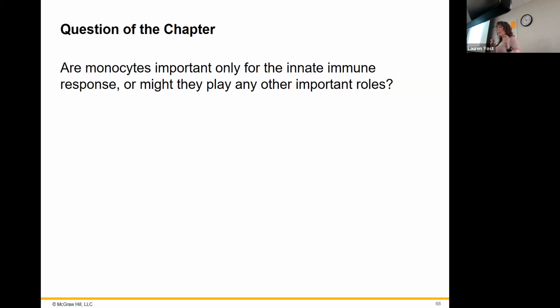They take the molecules of bad guys that say this is a bad guy, and then present them to what we're going to learn about in the next chapter, our lymphocytes, to try to activate them. They say, hey, do you recognize this? And then hold it out. And if it does recognize it, then it activates that pathway. So they're important in both sides, the innate and the acquired.